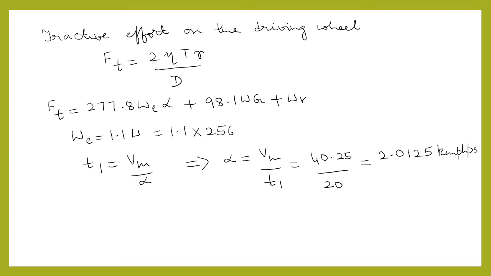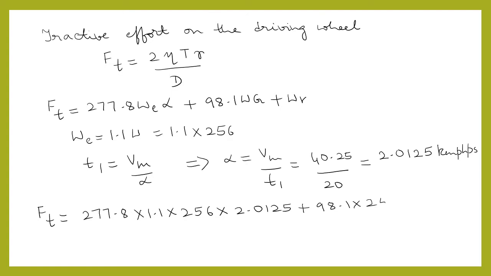So substituting the values in the equation of Ft, we get 277.8 into 1.1 into 256 into 2.0125 plus 98.1 into 256 plus 256 into 44.